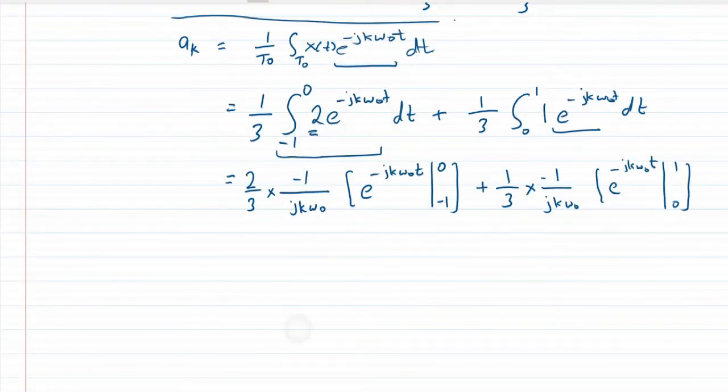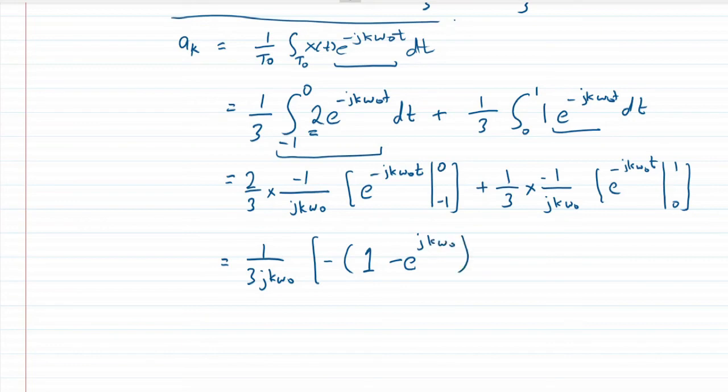So we can take this j k omega naught common, so we would have 1 by 3 j k omega naught, and then there's a minus sign, and if we are going to put the value of 0 over here, the exponential would be 1, and if we're going to put the value of -1 over here, the value would be e to the power plus j k omega naught.